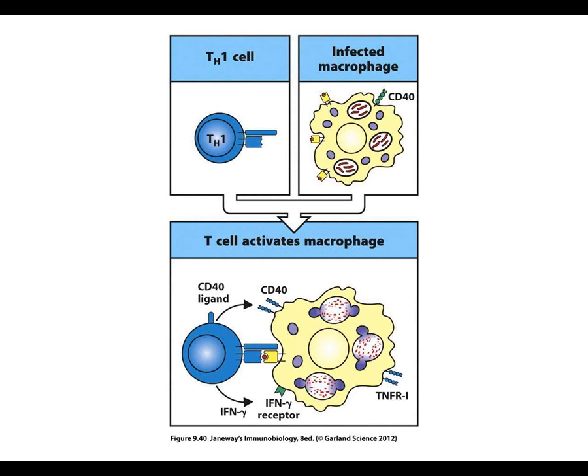So intracellular bacteria being mycobacteria, for example, like tuberculosis. So in this case, the T cell is going to interact directly with the macrophage. The macrophage is going to act as an antigen-presenting cell.